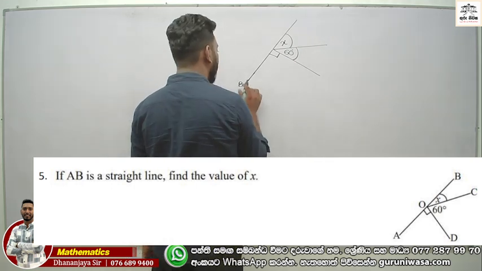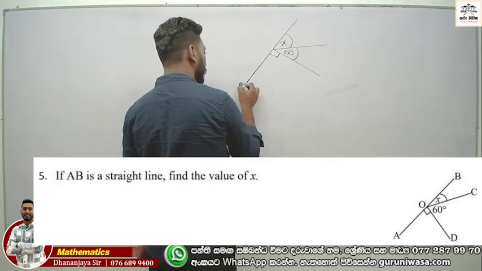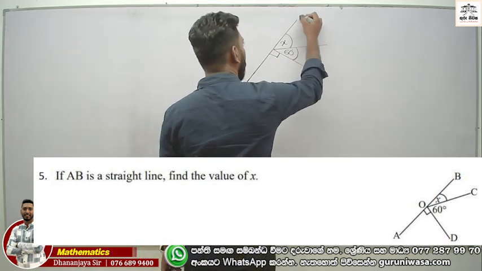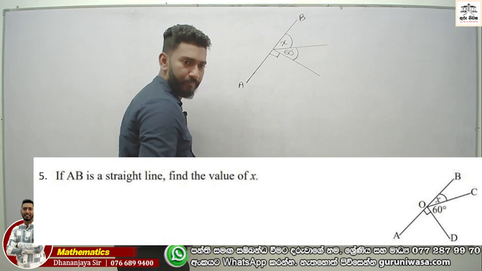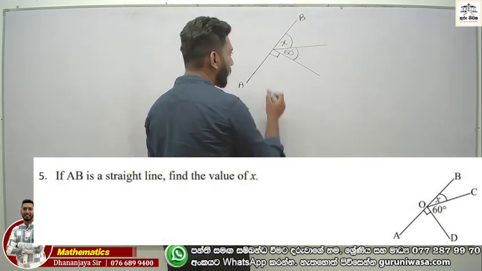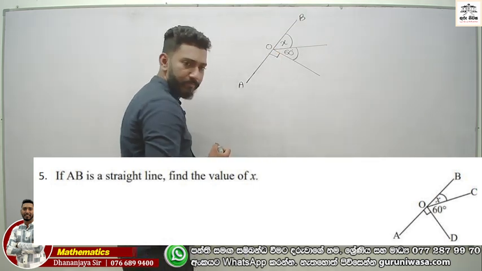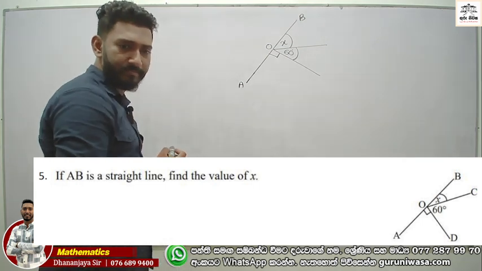AB is a straight line. Let's put the answers. Well done, Kerolie. Let's put the others' answers too.